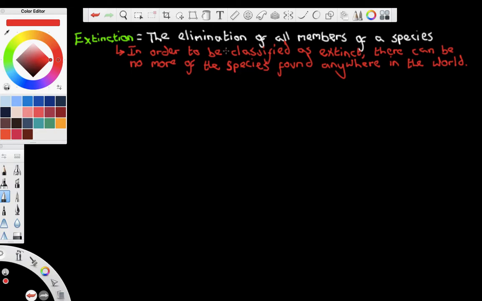Now, the fossil record, which is something we'll talk about later, shows that there's been at least 5 mass extinctions. So we can say that the fossil record shows that there has been at least 5 mass extinctions.